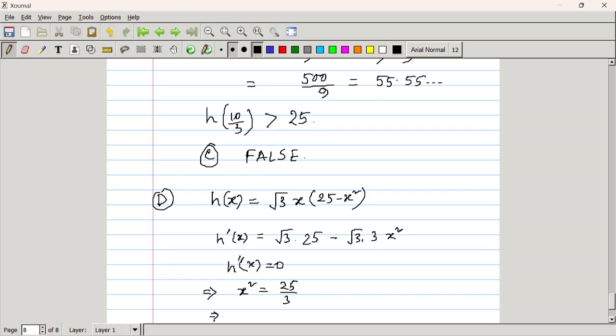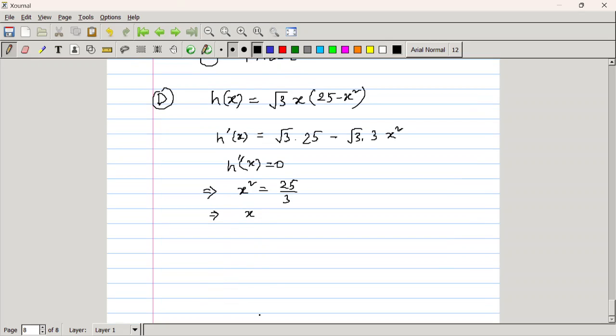So I got x equal to plus minus 5 by root 3. Now I have to find which gives positive or negative value. h double prime x is minus 3 root 3 into 2x.